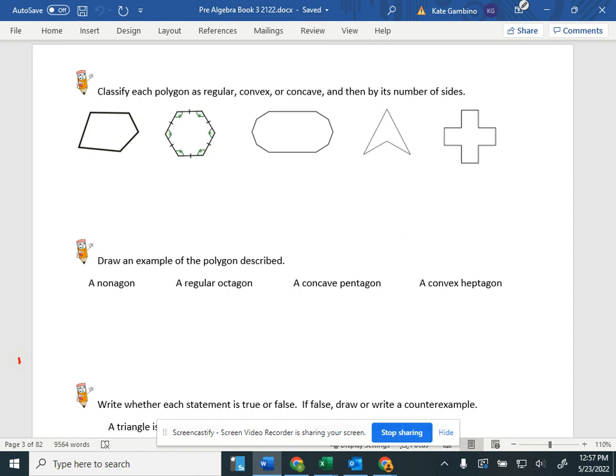Concave means there's at least one angle that's bigger than 180 degrees on the inside. And then by its number of sides. So you're going to tell me, is it regular, convex, concave? And then tell me what we call our figure. Is it a quadrilateral? Is it an octagon? So think about what number of sides it is, what that measurement is. So you're going to have 2 words for each shape.